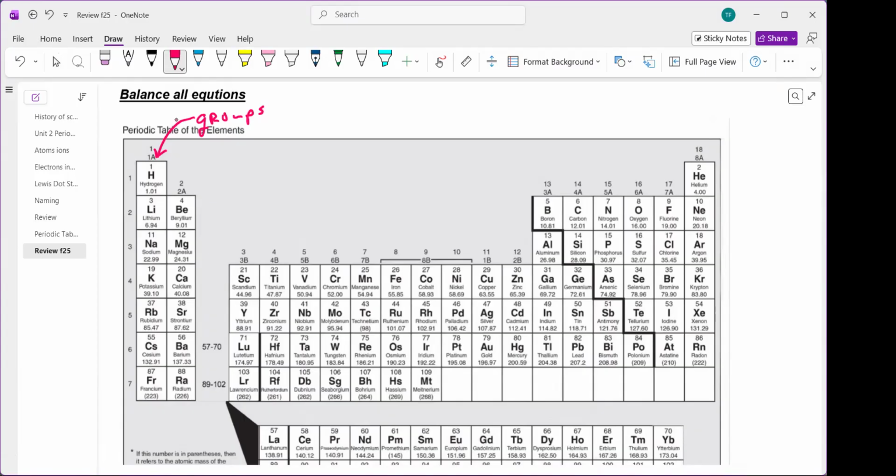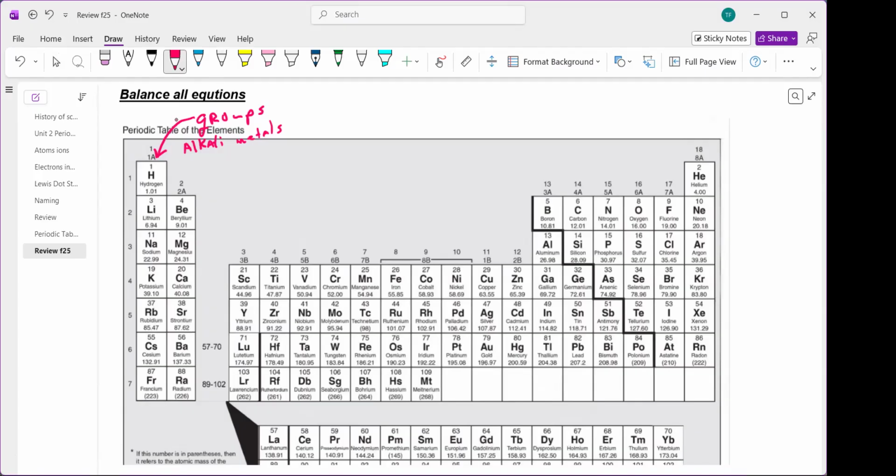The first group is called the alkali metals. So all the alkali metals have the same chemistry. They form the same charge when they form an ion, the same level of stability, etc.